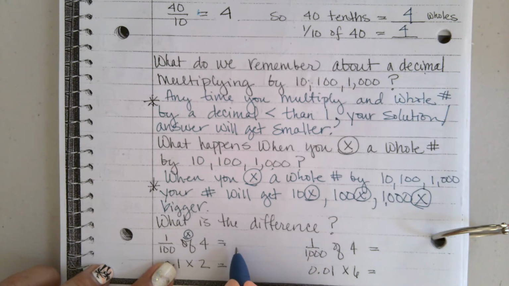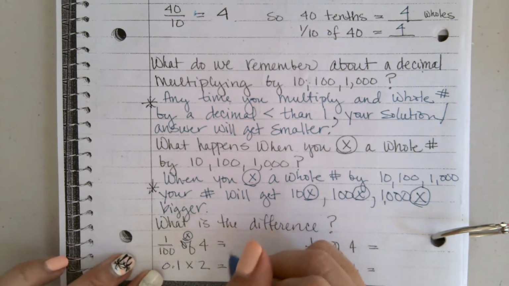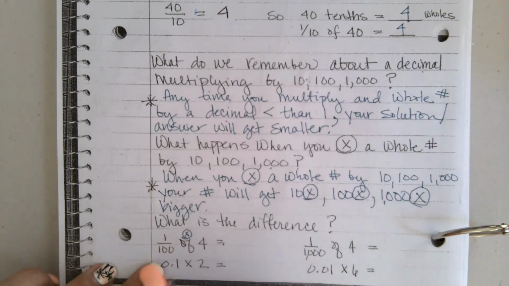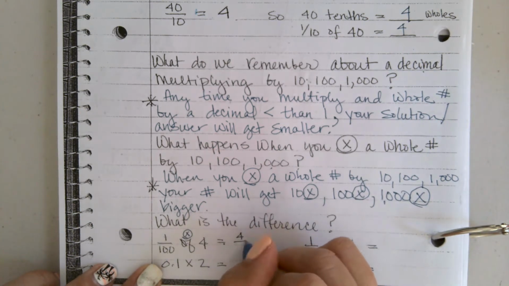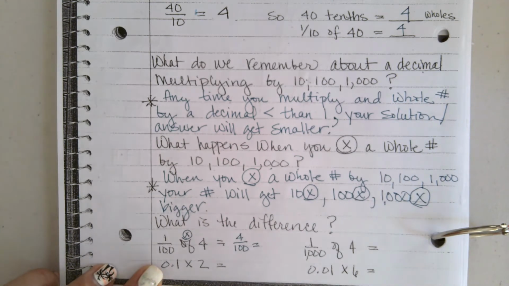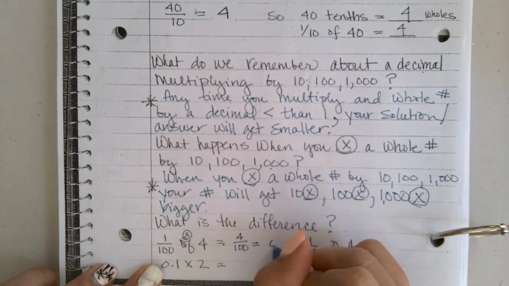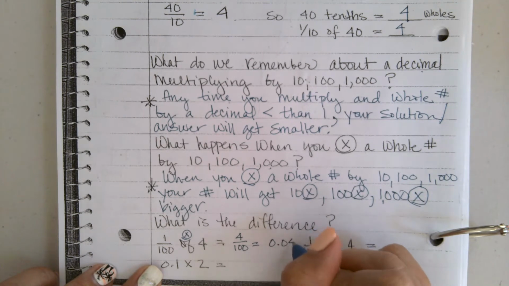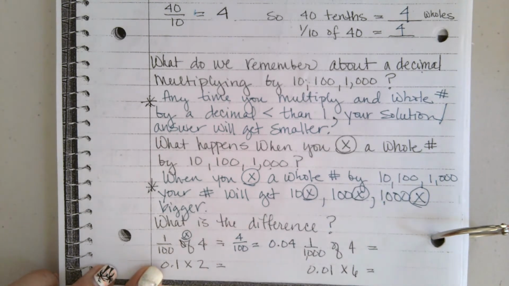What is the answer? It's the same as 4 times 1/100th, or 1/100th times 4, right? It would be 4 over 100, which is the same as what? 4/100ths, right?